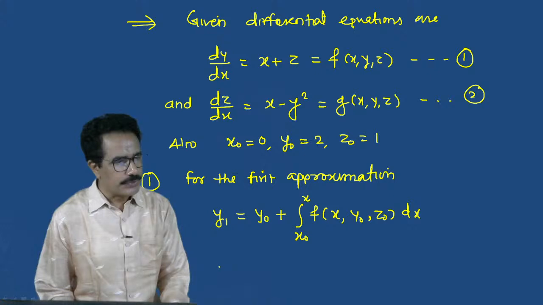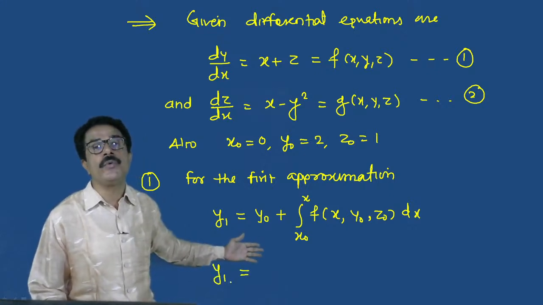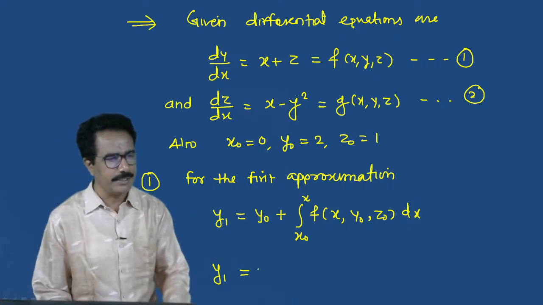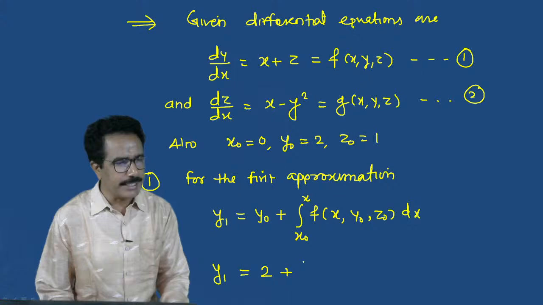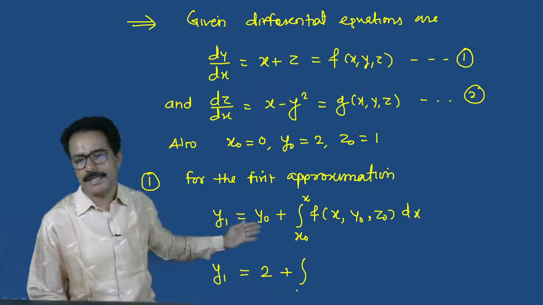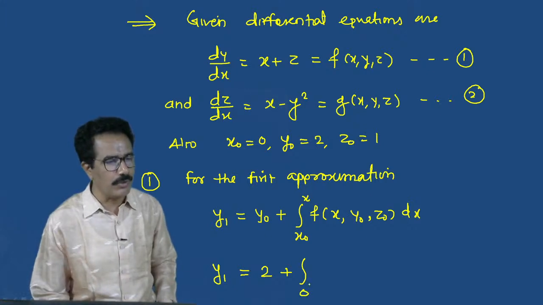Okay, so y1 equals, you can also write u1. y0 means 2, plus the integral from x0 to x. What is the value of x0, students? The value of x0 is 0.